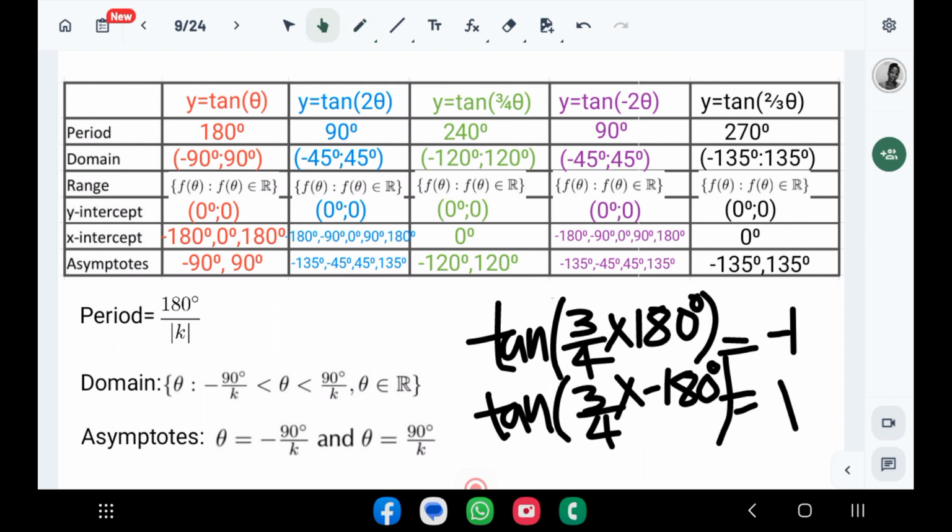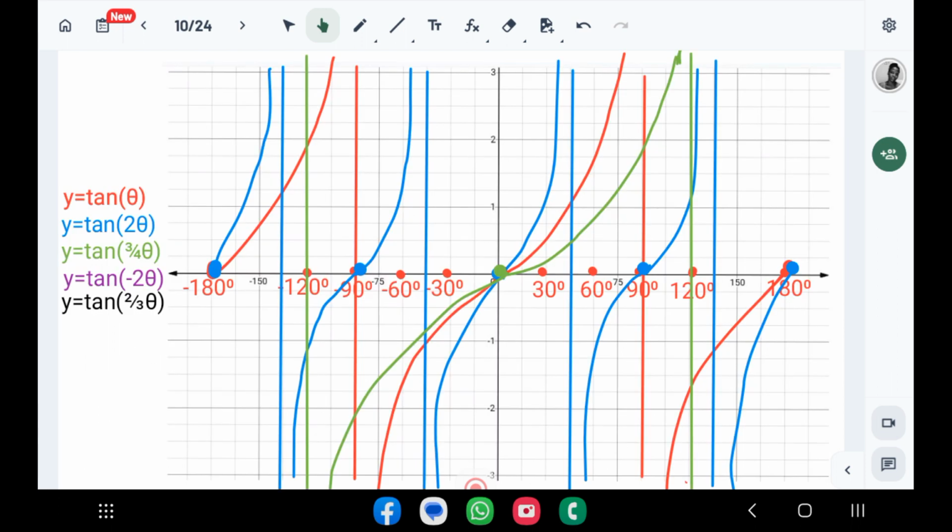Which makes sense because remember tan of negative theta equals negative tan theta. Alright, so now that gives us, at 180 degrees, negative 1 as the point. Here is negative 1.